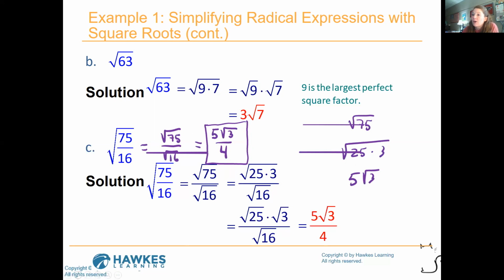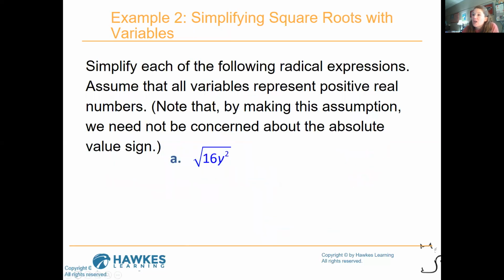Yep, we are right. All right, now they'll also show you variables, right? So we know that 16 is a perfect square. So we could rewrite this as 16 is 4 times 4. And then I see y times y. So think about the shoes situation. For every pair, I get to pull out 1. Well, I see a pair of 4s, I get to pull out 1.